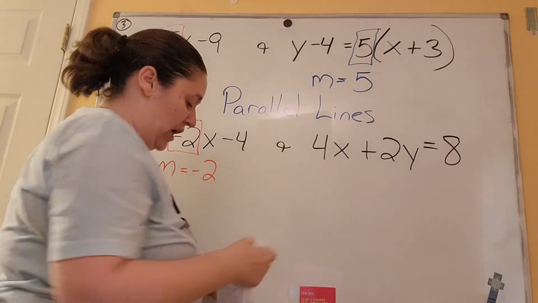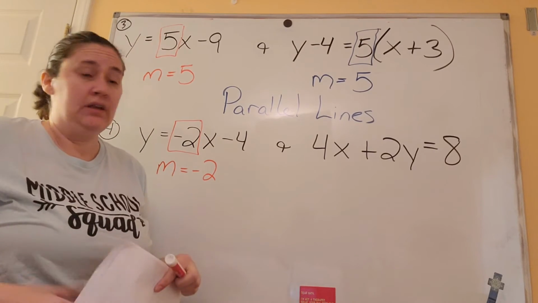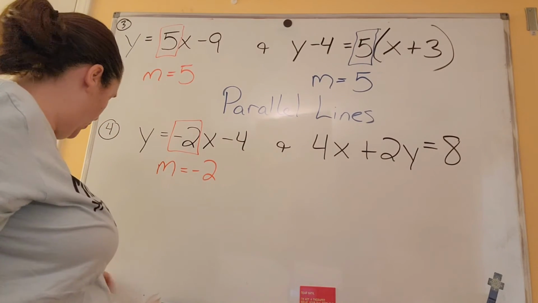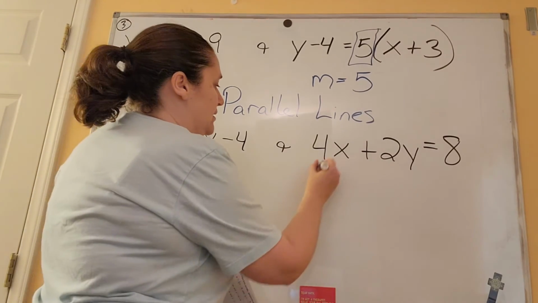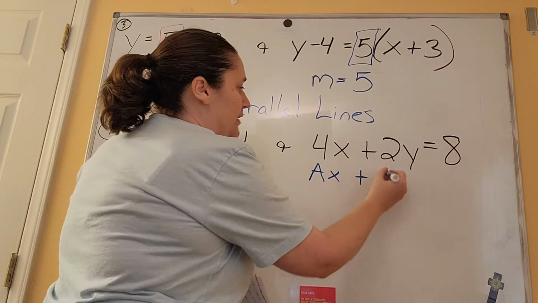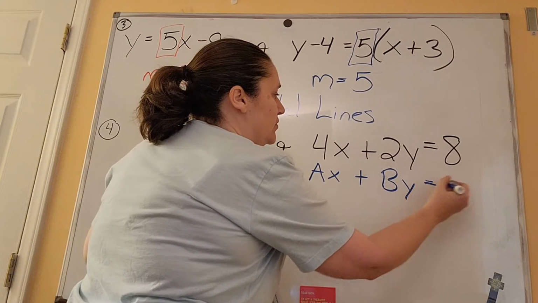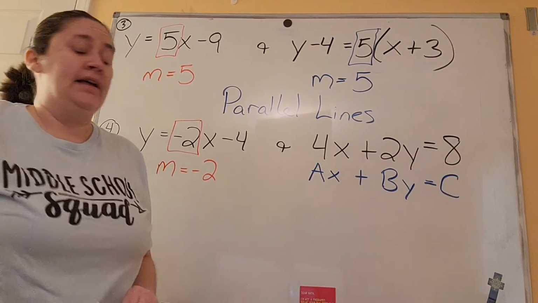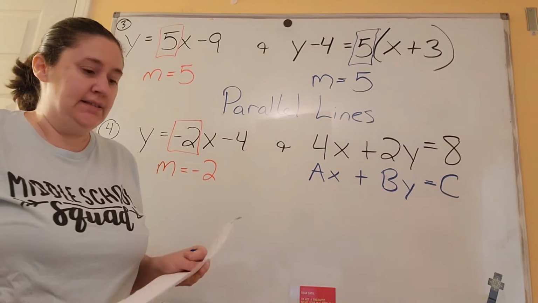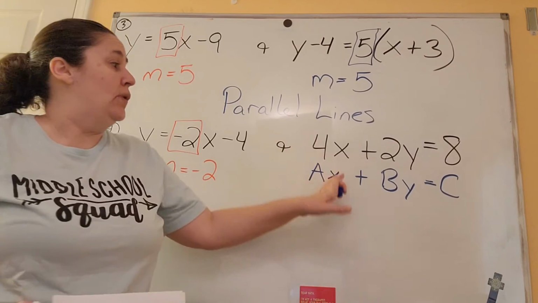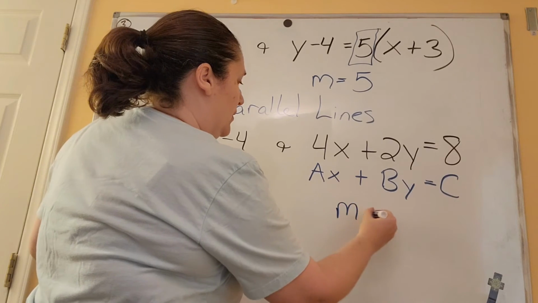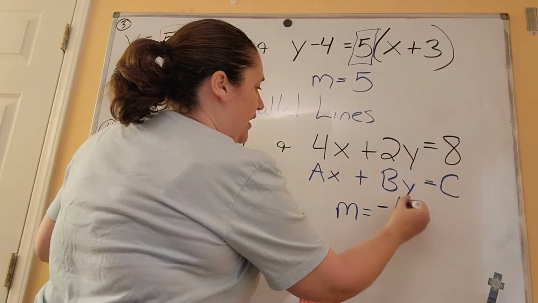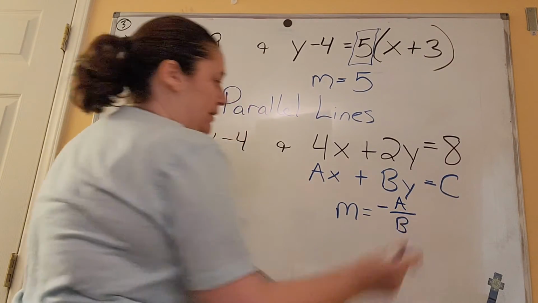This equation does not say y equals. This equation is in a different form. It's in standard form. Standard form is ax plus by equals c. And at the beginning of today's lesson, I told you when an equation is in standard form, the slope is negative a over b.